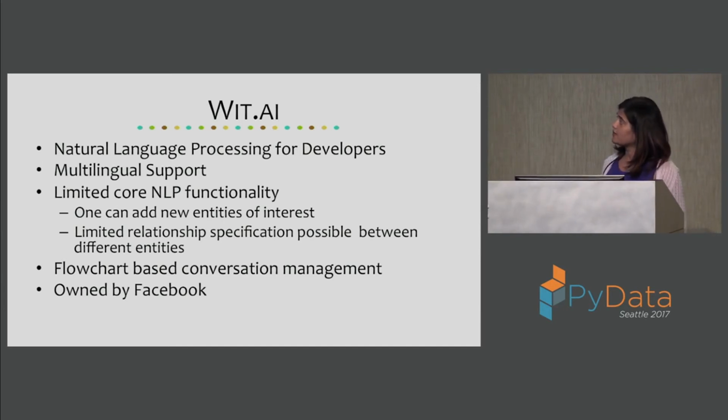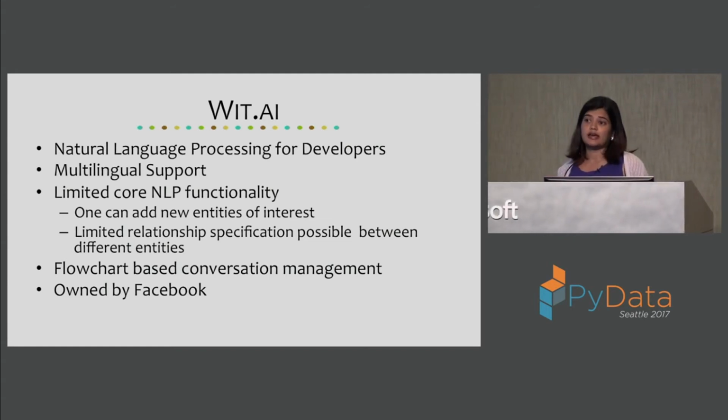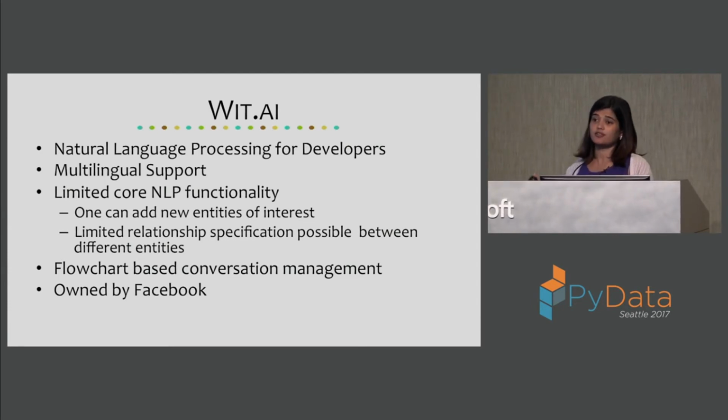It's multilingual. The core functionality is limited, and that's an obvious thing. And only the data that's freely available in the world can be used to train any kind of model. So if you're looking to build a best bot that's proprietary to your company, you would have to provide that proprietary data. Flowchart-based conversation management, and it's owned by Facebook.